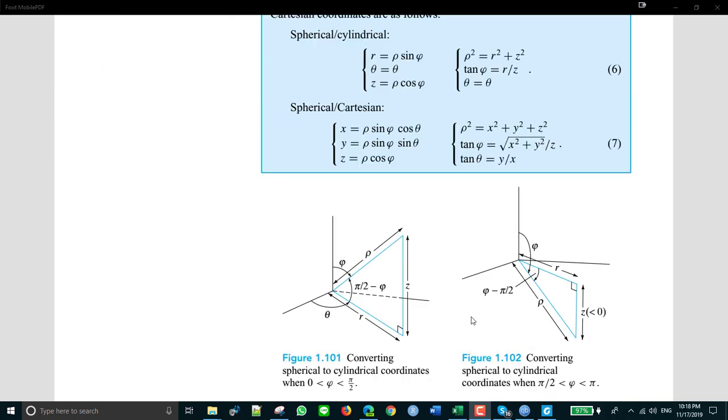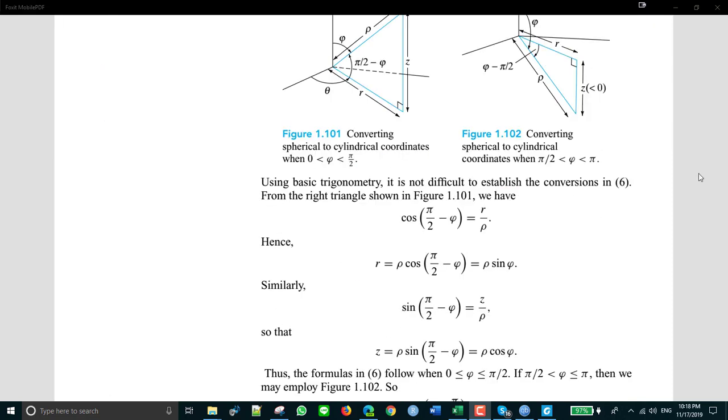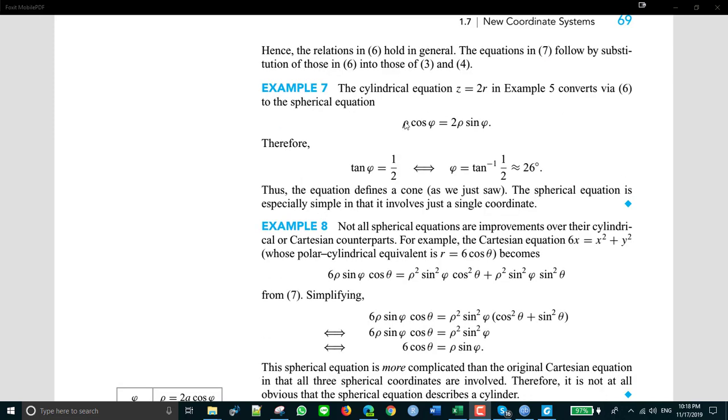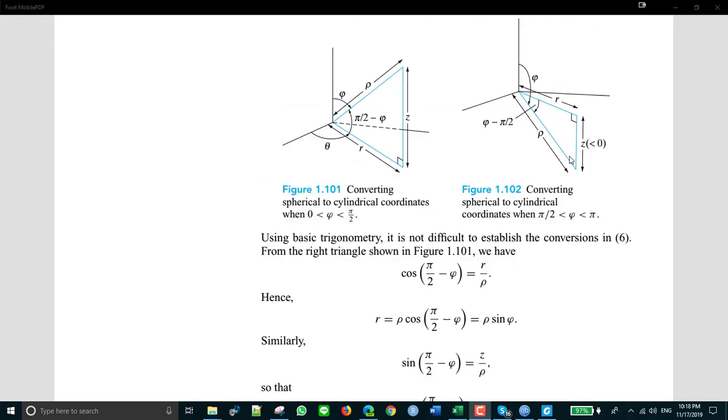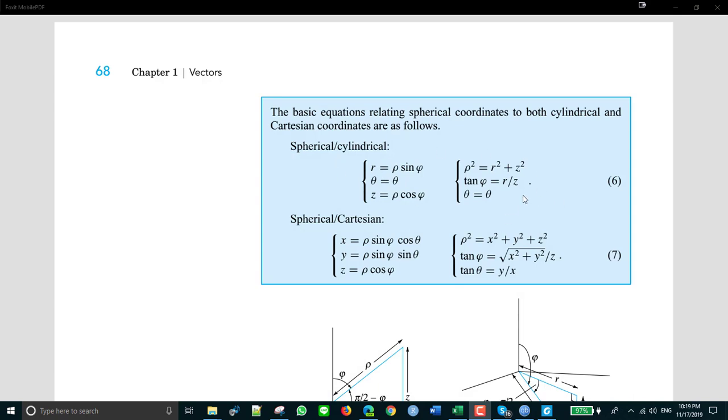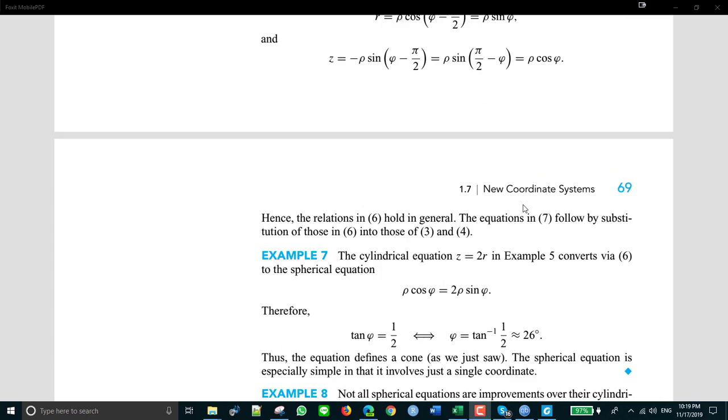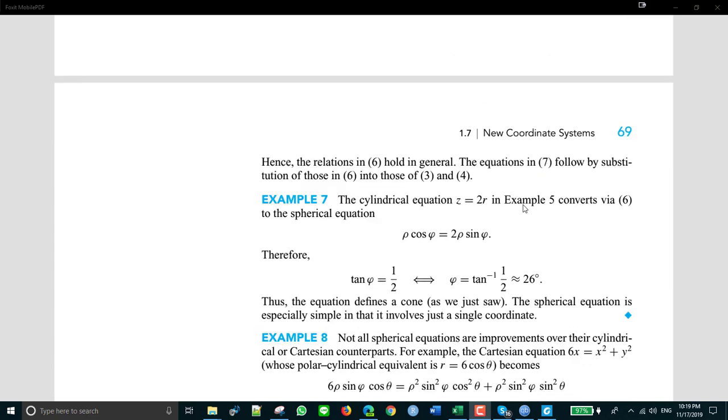Then we can take an equation with these variables and ask what it looks like. Here, the cylindrical equation z equals 2r, which we saw in example 5, converts via these to the spherical equation.